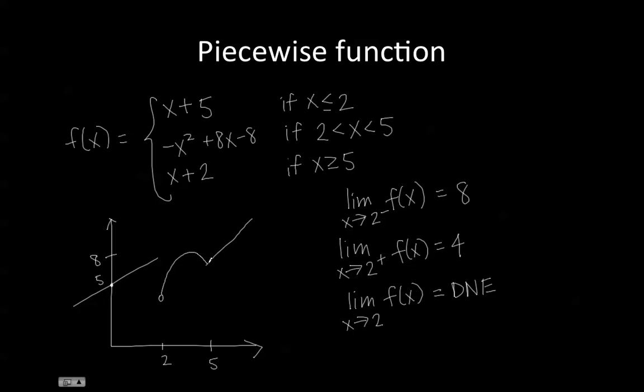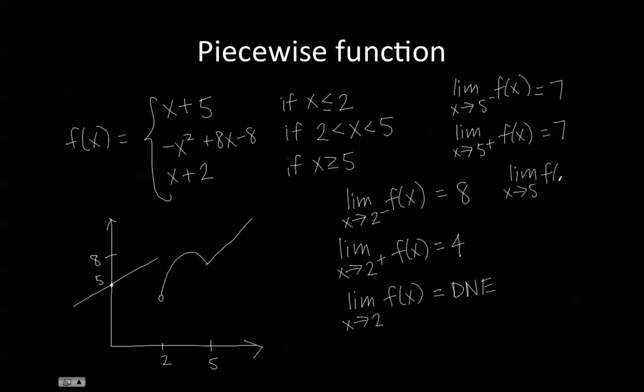However, it's still continuous because the limit that x approaches from the left of 5 is equal to 7, which is the same value that x approaches when x approaches 5 from the positive side, f of x approaches 7, which means that the limit as x approaches 5 is equal to 7 from the property we just learned.